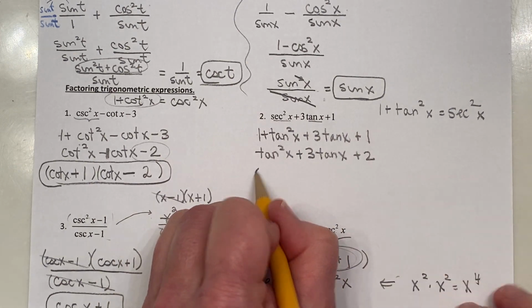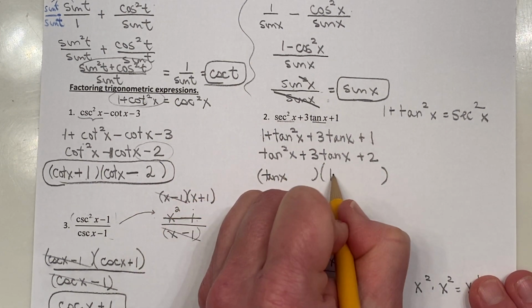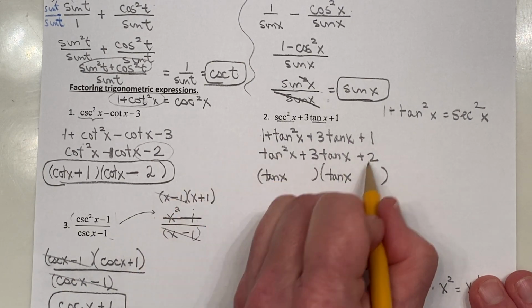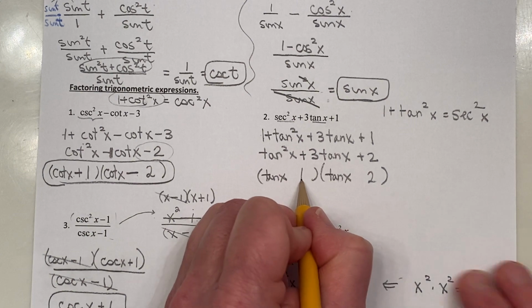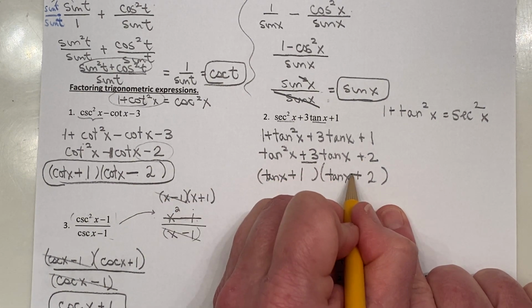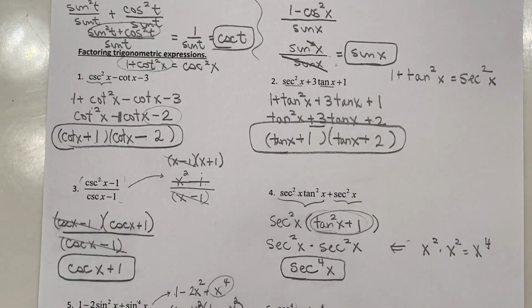Putting those two together, now we can factor. These two will give us tangent squared. Factors of 2 are 2 and 1. I need a positive 3. And this is also positive here, so they both have to be positive. And there's nothing more you can do with each of those individual binomials.